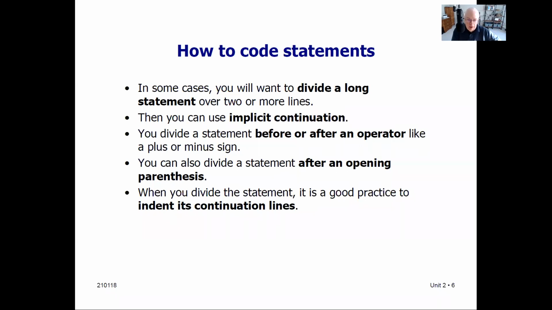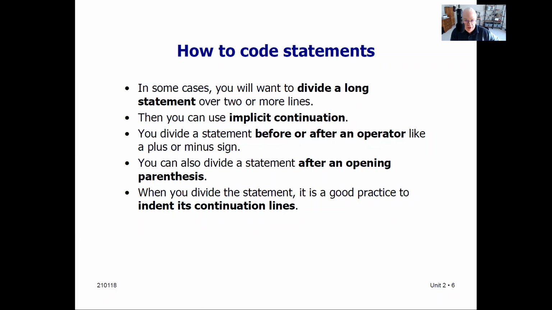Now, you can't just whack a line of code anywhere. You could break something that the interpreter is not going to appreciate. So we need to follow a couple of rules when it comes to implicit continuation and where to break a line. First off, working from the left to the right, get past your first parens, the left parens in a function. Then you can break the line fairly successfully.